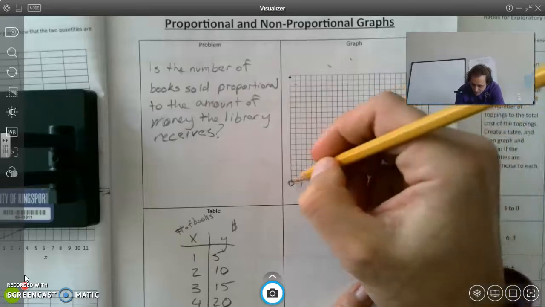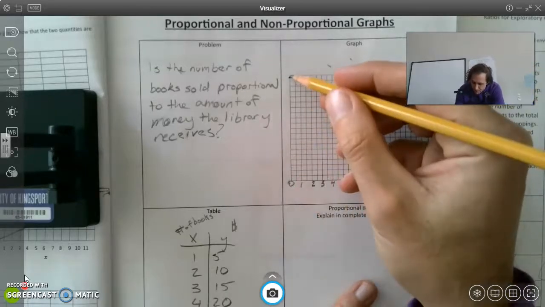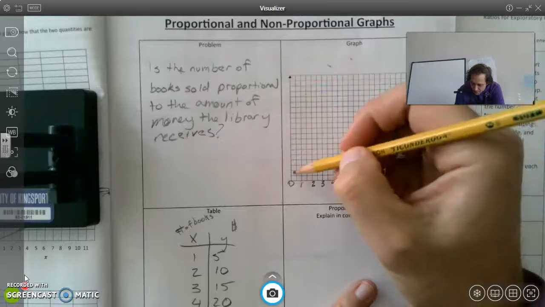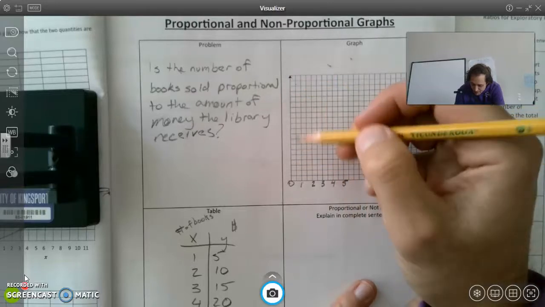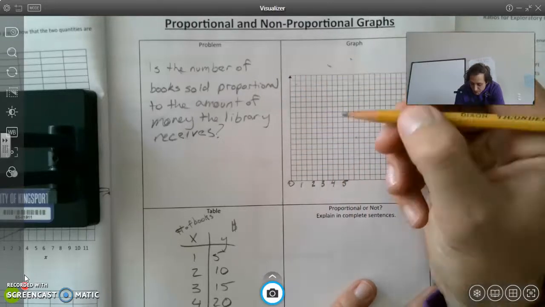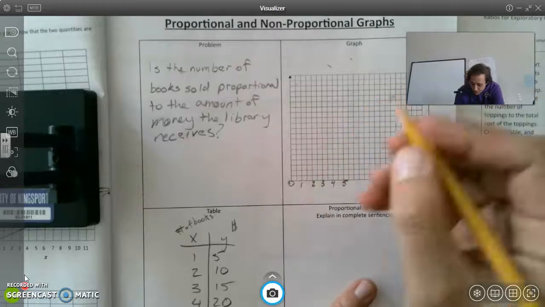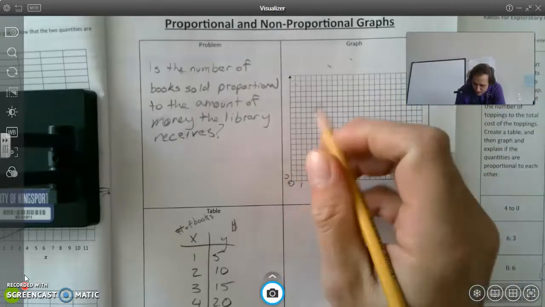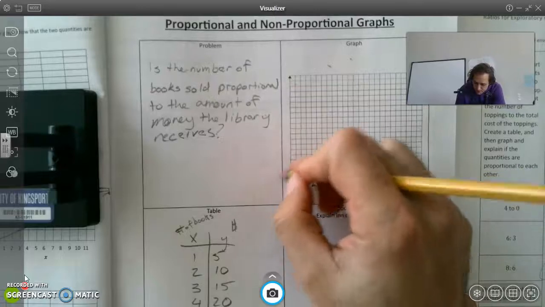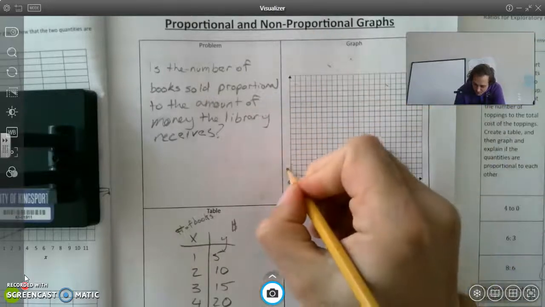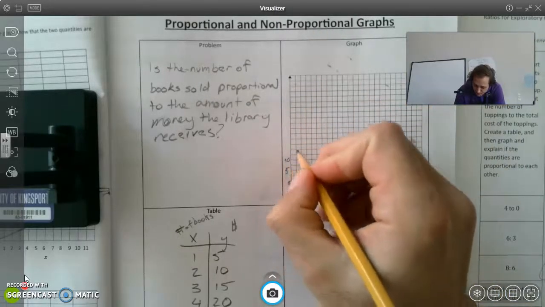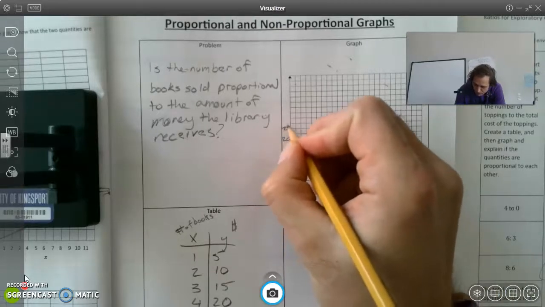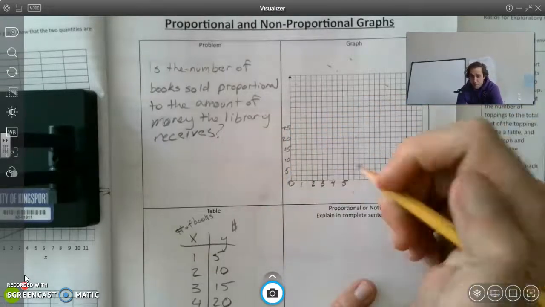Now again, what should I make my increments here in my graph? Well, I think there's 20 spaces there. It's got to go to 25, so they can't be worth 1. Making them worth 5, that would be easy. Let's make every other space worth 5. So like 5, 10, 15, 20, 25. So each space is really worth like 2.5. Okay?